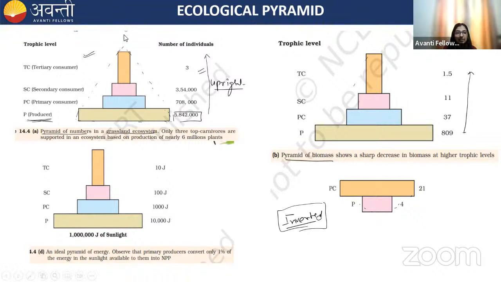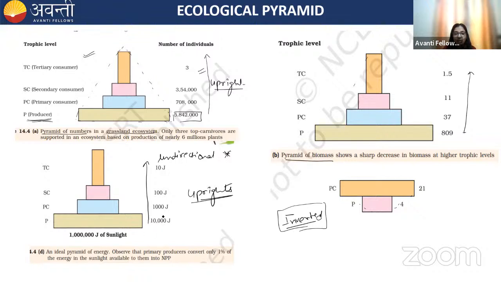Now let's discuss the third pyramid, which is the pyramid of energy. The pyramid of energy is always upright. Remember, this is always upright because the flow of energy is unidirectional. It's very important to remember that the flow of energy is unidirectional.